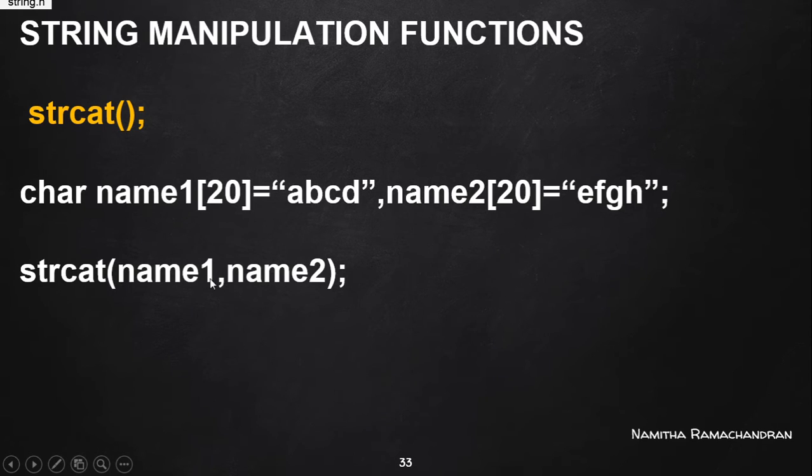To the end of the name1 array content, it appends the content of name2, and the final appended string is available back in name1. So what is the expected output? A B C D E F G H, all together in a single string, available in the name1 array. Okay, now we can check this.